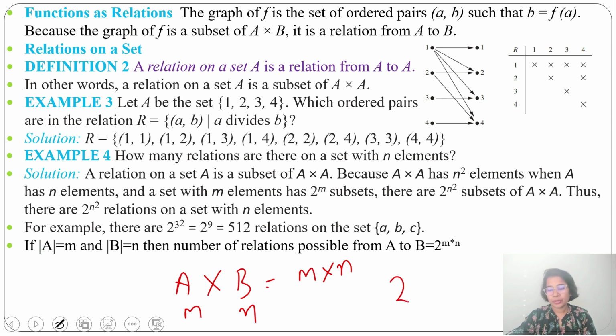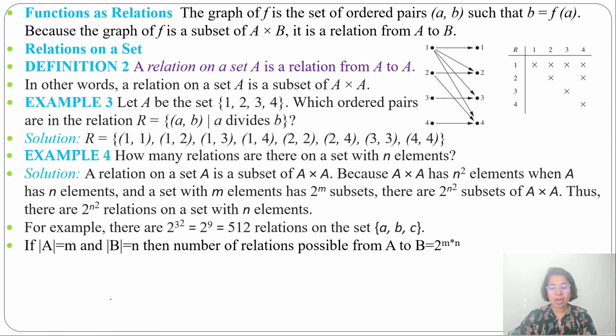Subsets possible equals 2 power m multiplication n. So the number of relations possible equals 2 power m n. If you remember, the number of functions possible equals n power m, that is, B cardinality power A cardinality. And the number of relations possible equals 2 power m n.